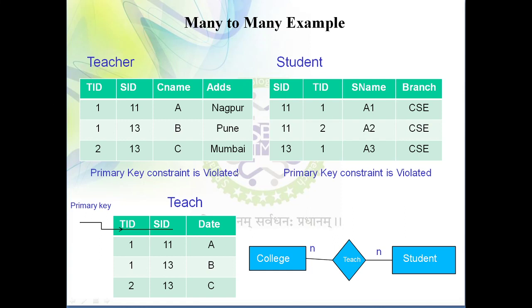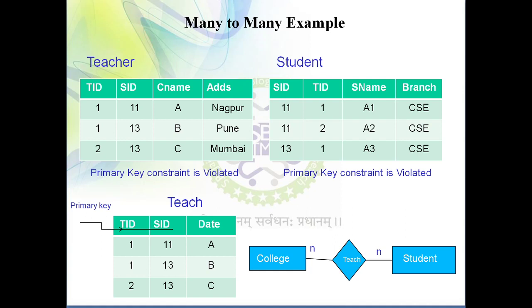So here we'll create a third table called teach, where we have TID and SID. TID stands for teacher ID and SID stands for student ID. For the teach table, the primary key is formed with two attributes, teacher ID and student ID. What I told you is that there is only one primary key in one table, but a primary key can be formed with more than one attribute also.